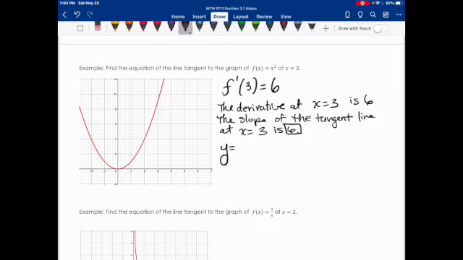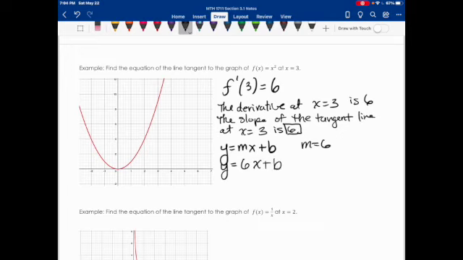It's 6. So here's our equation of any line, just in general. M is the slope and B is the y-intercept. We already know what the slope is. We just found it. The slope of the tangent line at x equals 3 is 6. So we can put that in for M. So I'm going to put in M is 6.